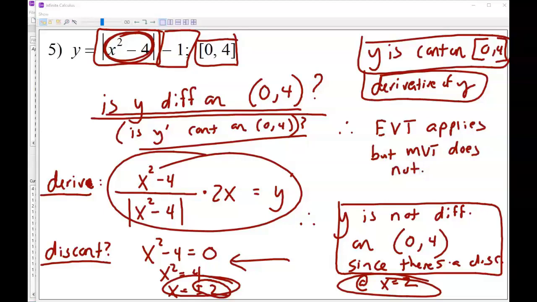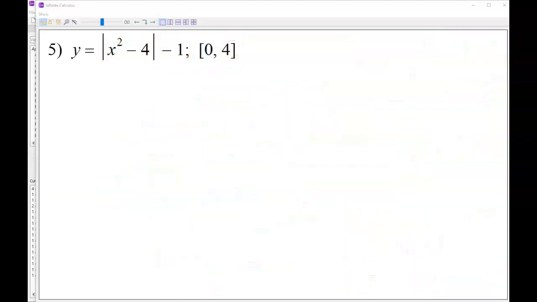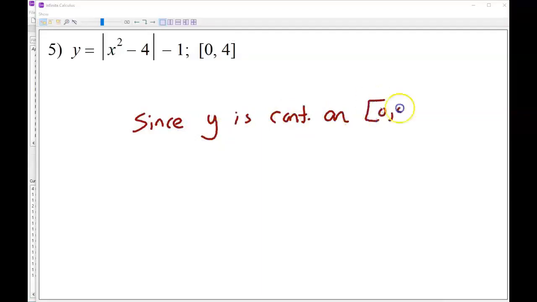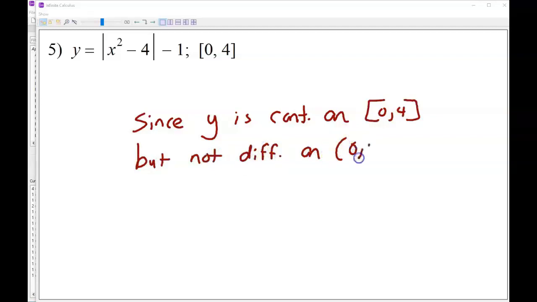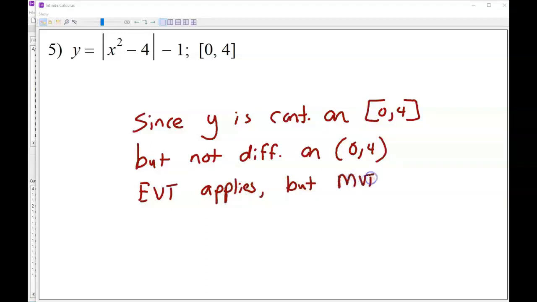Now a much nicer way to write your final answer would be to say, since y is continuous on 0, 4, but not differentiable on 0, 4, EVT applies, but MVT does not.